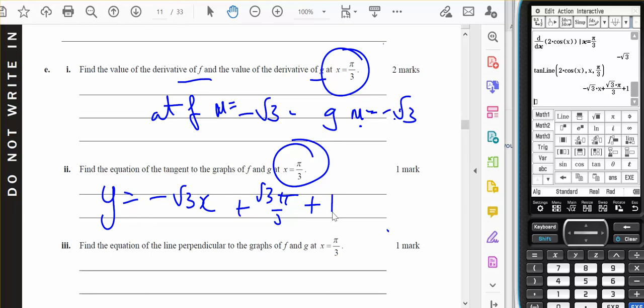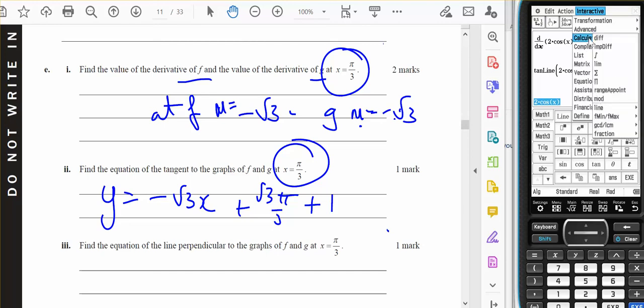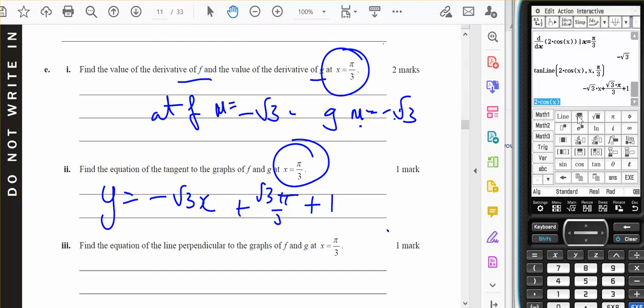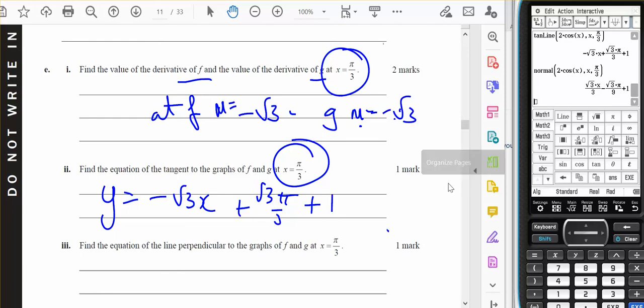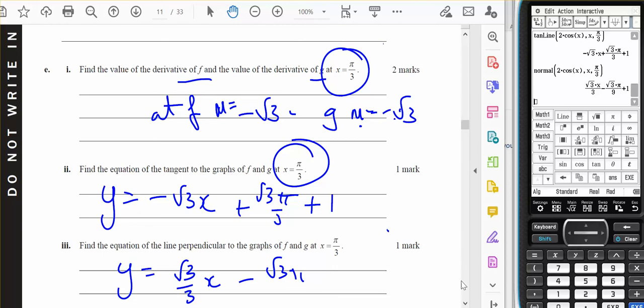Then the equation of the line that's perpendicular at that same point. I copy that, and I'm looking for the perpendicular: calculation, line, normal at pi on 3. I get y equals root 3 on 3 x minus root 3 pi on 9 plus 1.